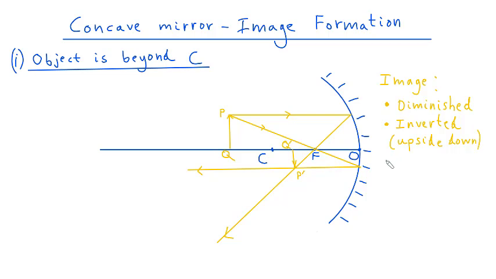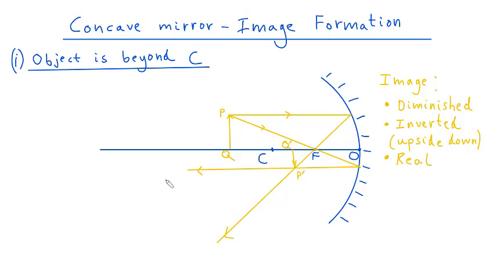The last thing to be aware of about this image is that it is a real image. Recall that it's a real image because these reflected rays actually meet or converge at this image point here, and that's always the case with real images.